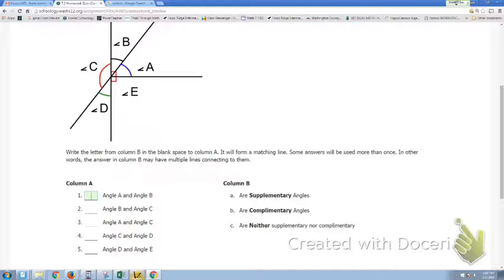Because some of you might look at this and go, well, it could be, but you can't assume that. So even though it looks like there might be one pair of angles here that might be supplementary, I don't want you to be confused. Don't assume that it is unless you are absolutely sure. And the only way you know for sure is if it's intersecting a right angle or a line's intersecting a straight angle.